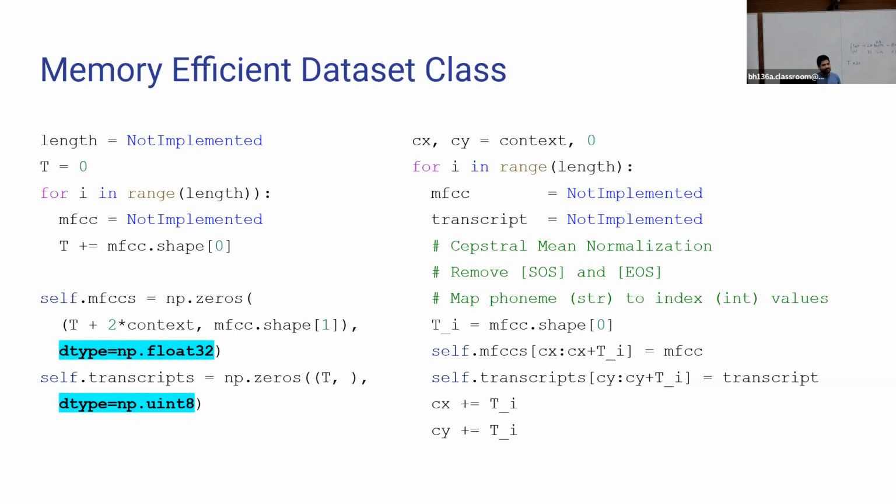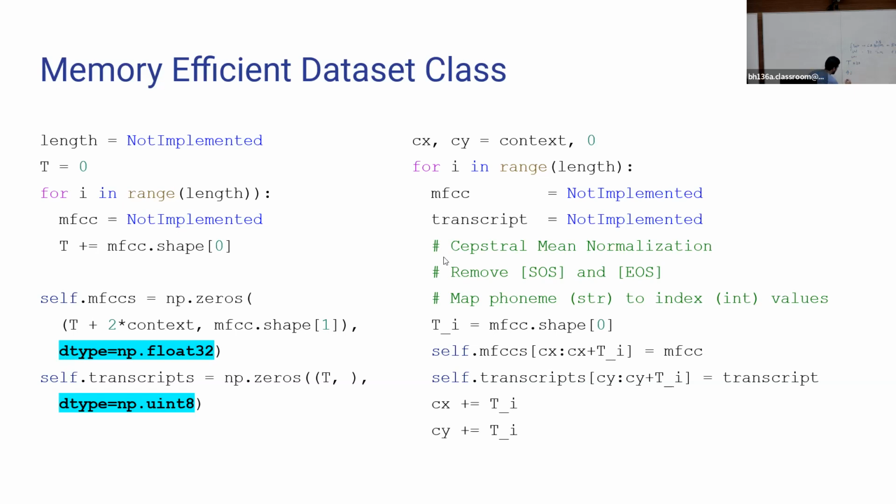How did you make sure unsigned integer works? That is simple. How many labels do we have in total? The transcript stores the labels, right? So we have 40 labels, 40 or 42, whatever you see.